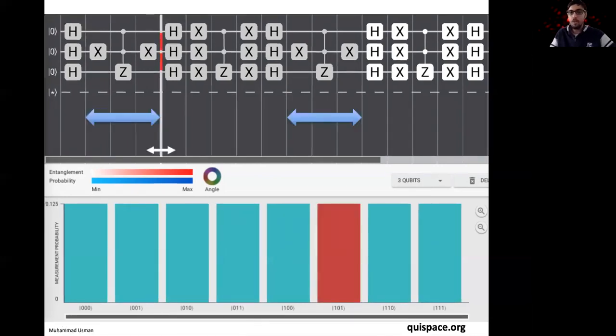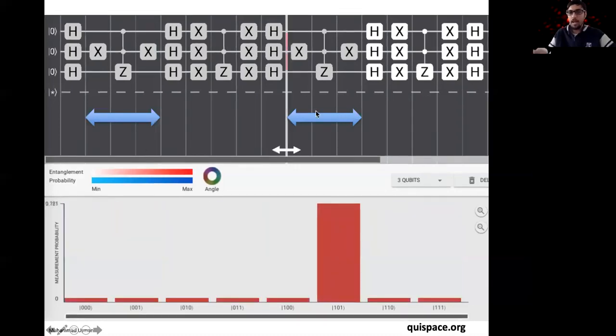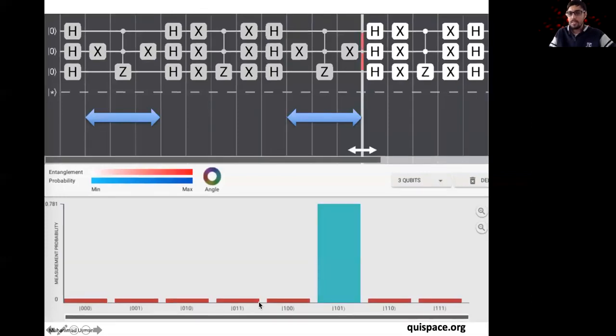But then you have a quantum circuit which can select the outcome you are interested in. So this 101 is now red. You can see that, and you have selected that particular outcome. Then you apply the next quantum gates, which are designed to work that way. So you increase the probability of your desired outcome 101 and reduce the probability of all other outcomes. You repeat the same thing a second time.